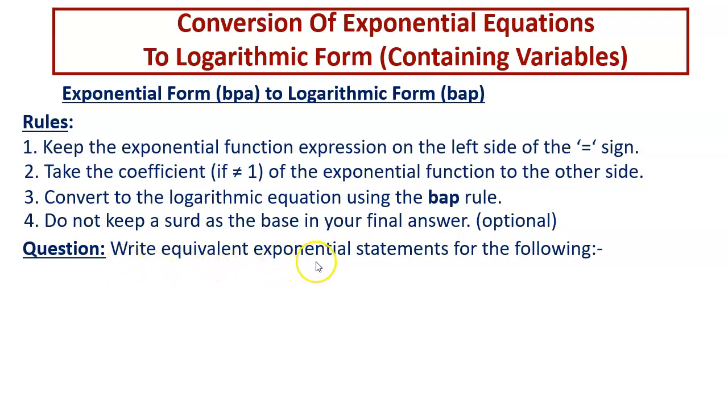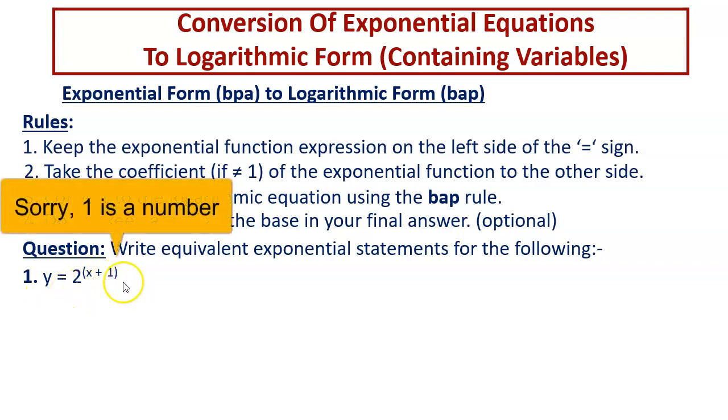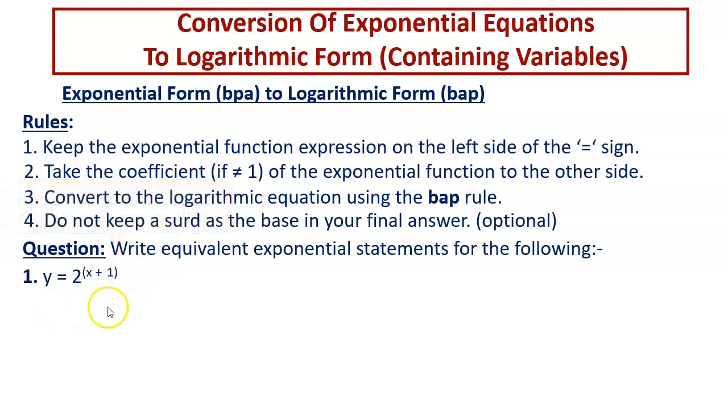Write equivalent logarithmic statements for the following. Question number 1. y equals 2 raised to the power of x plus 1. Now you see, y is a variable, x is a variable, and 2 is a number. So you are having both the numbers and the variables in this session. Okay. And this is an exponential equation which has to be converted to its corresponding logarithmic form.